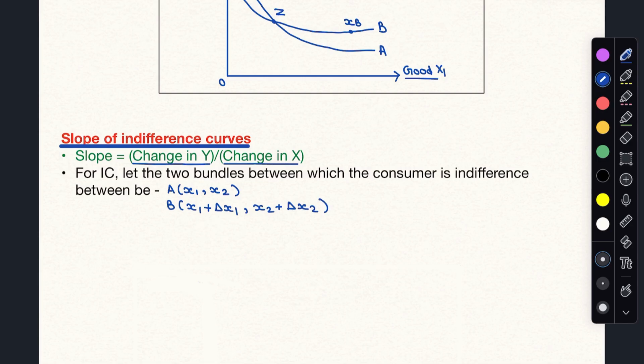From this we can see that change in good x1 is delta x1 and change in good x2 is delta x2. The slope would be equal to delta x2 upon delta x1. To gain delta x2, the consumer must give up delta x1.